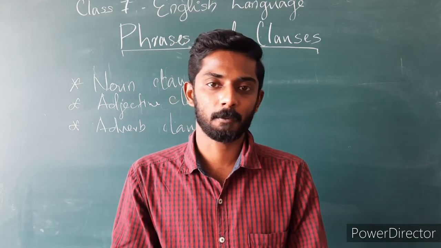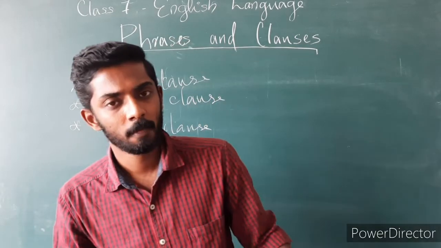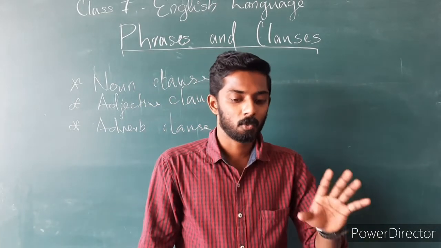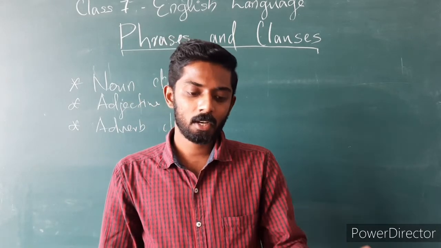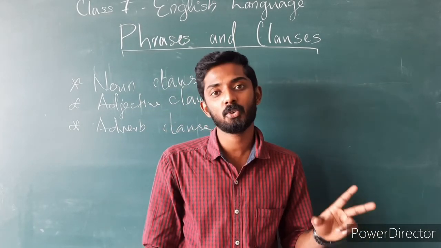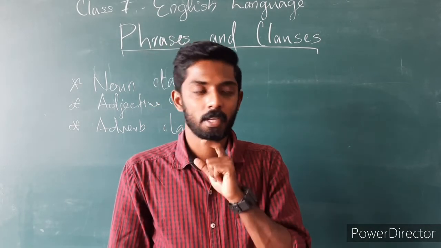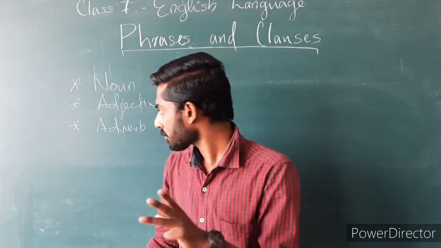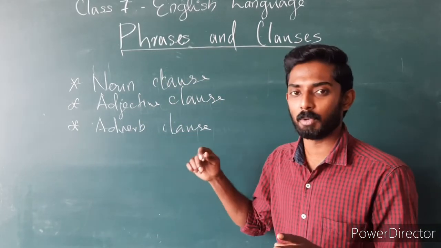So this is about clauses, and we discussed clauses. We have seen the definition, the independent and dependent clauses, and also the kinds of subordinate clauses. In subordinate clauses we have noun clause, adjective clause, and adverb clause.